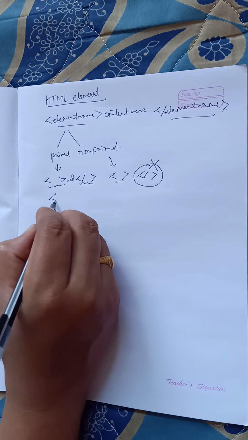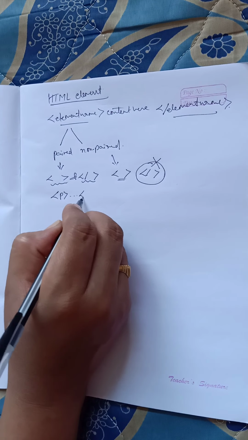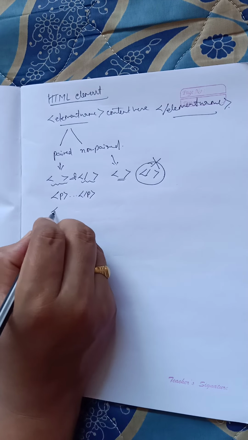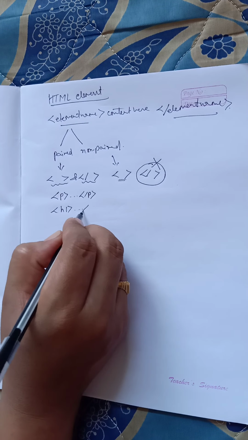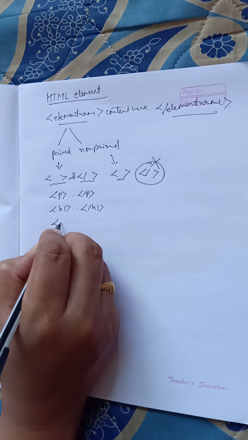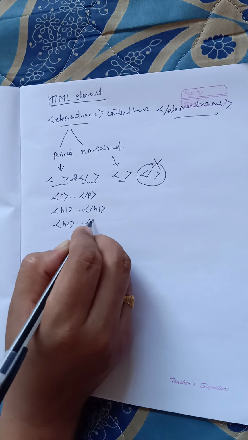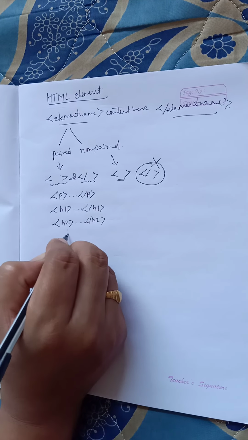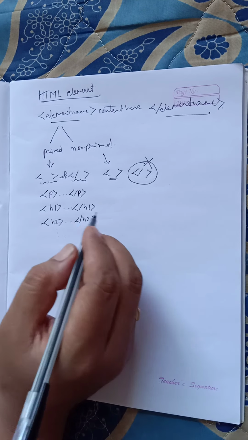Examples of paired are the tag P, H1, H2, and we have many like this. We'll be using and going through all of them.